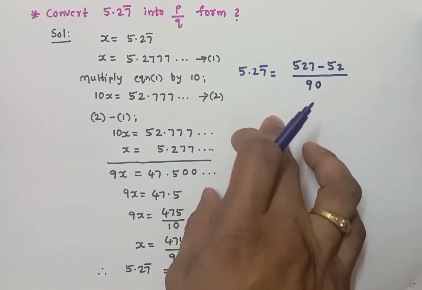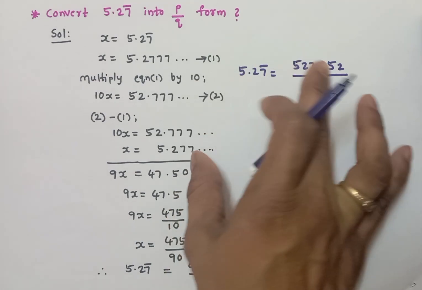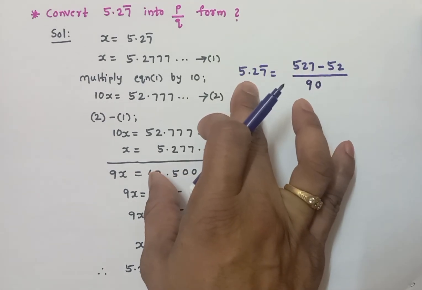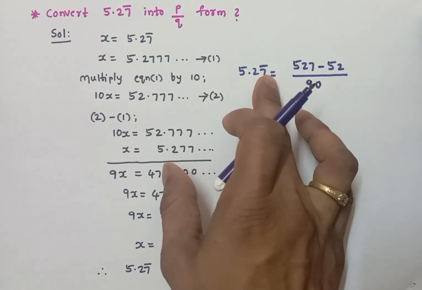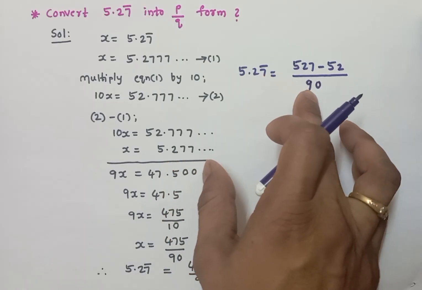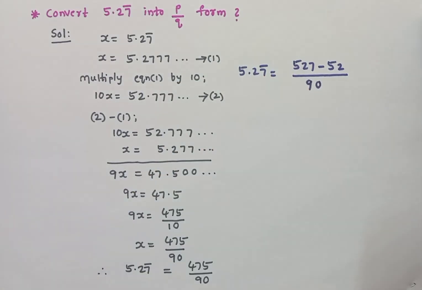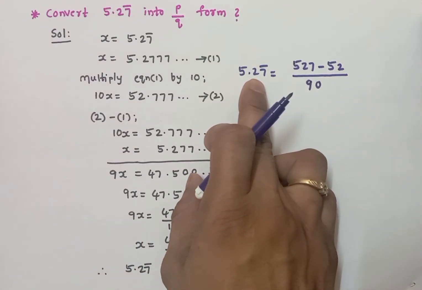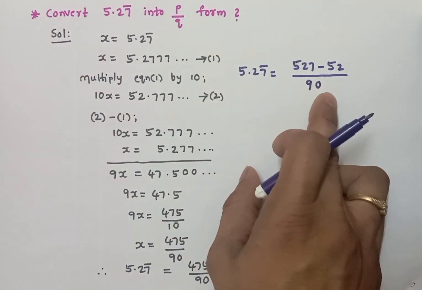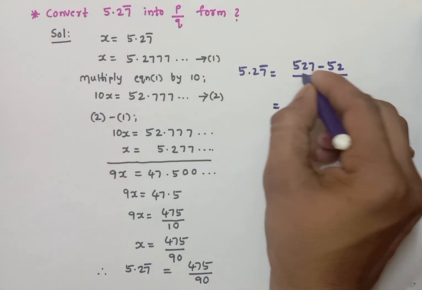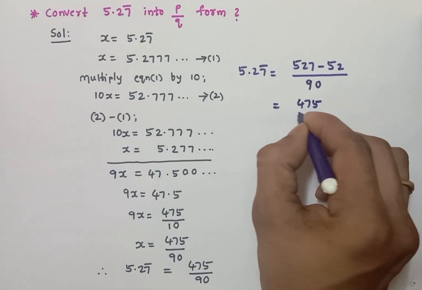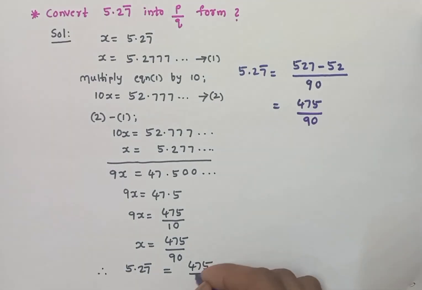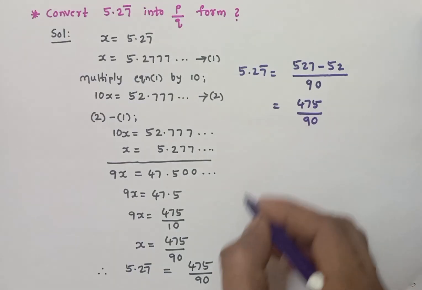Remember this special case. So total number minus whatever digits do not have bar, divided by as many nines as digits having bar, followed by zeros for digits not having bar. If you subtract this, we'll get 475 divided by 90. You can check it, the same answer we will definitely get.